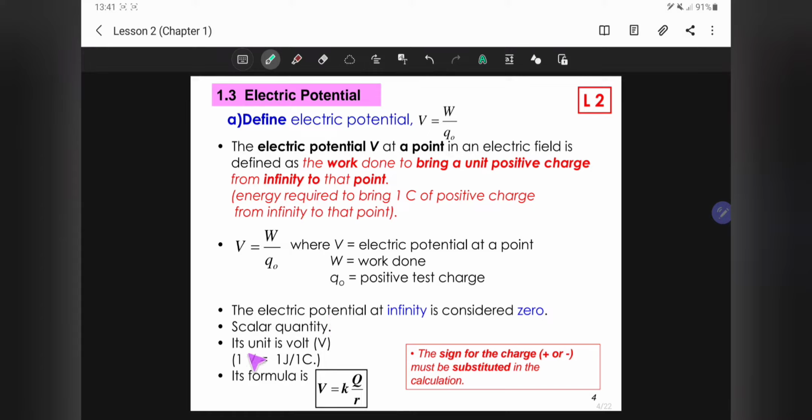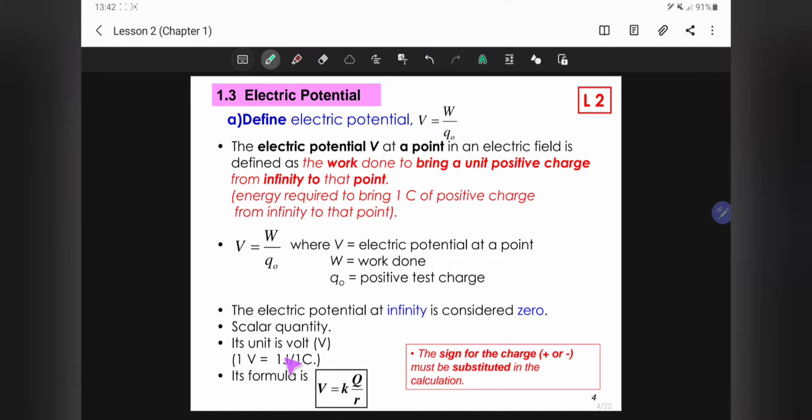Okay, the unit of electric potential is the volt, and the symbol is capital V. So 1 volt equals 1 joule per 1 coulomb. How do you get this? From this equation: 1 volt equals 1 joule divided by 1 coulomb.